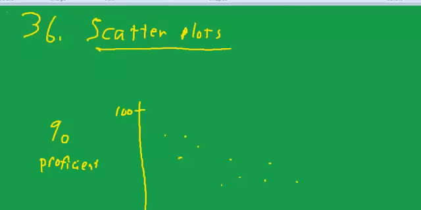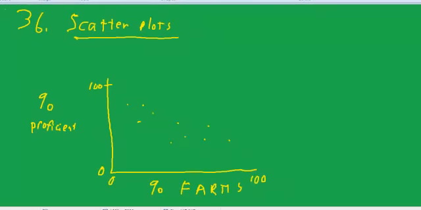So scatterplots have quantitative data, so maybe I'll write that down, quantitative data, and we look at two variables.